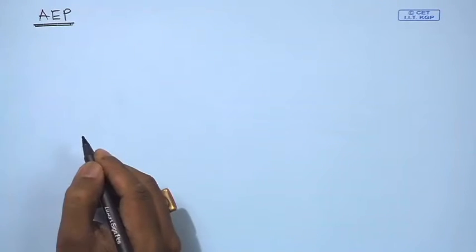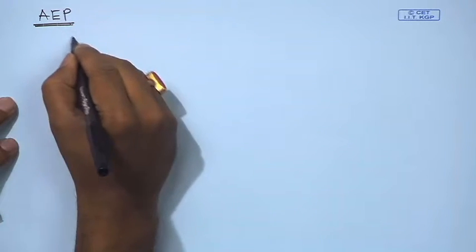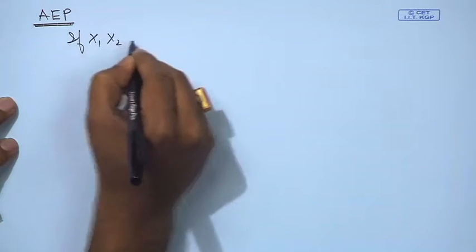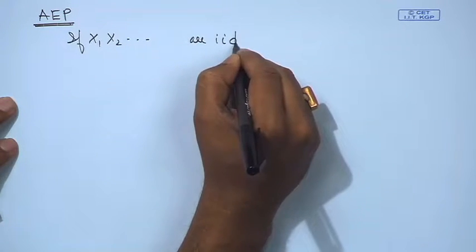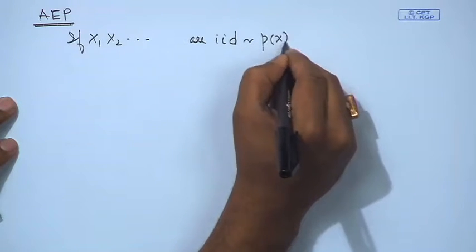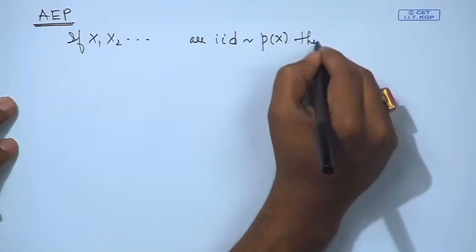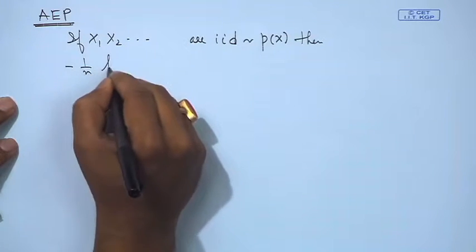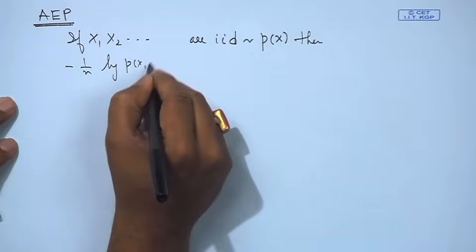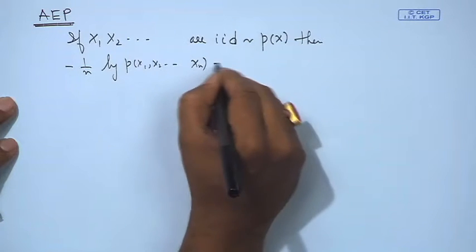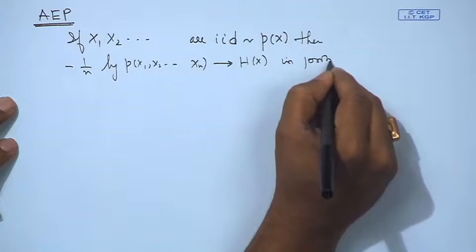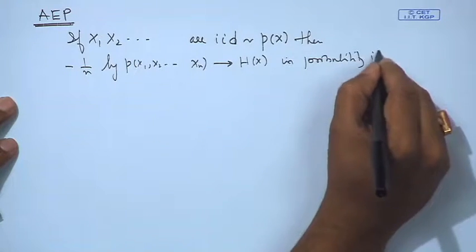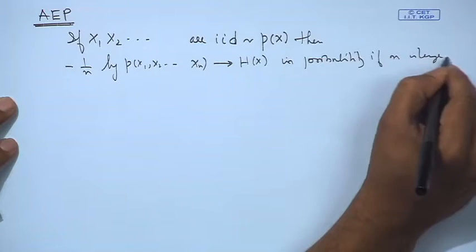AEP states that if x1, x2, and so on are independent identically distributed following the distribution p of x, then minus 1 upon n log p of (x1, x2, up to xn) tends to h of x in probability, if n is large.